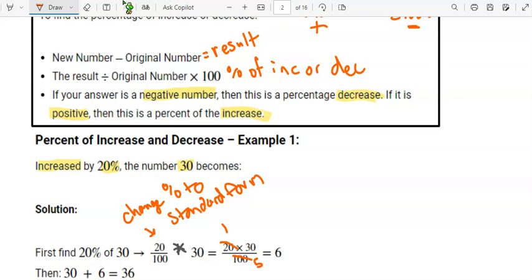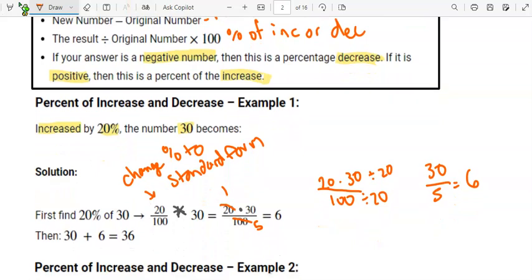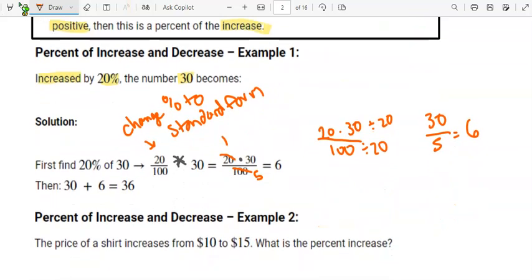So it'd be 1 times 30. 30 divided by 5, that's 6. It's a percent of increase, so we're going to add the original plus 20% of 30, and that would give you 36.